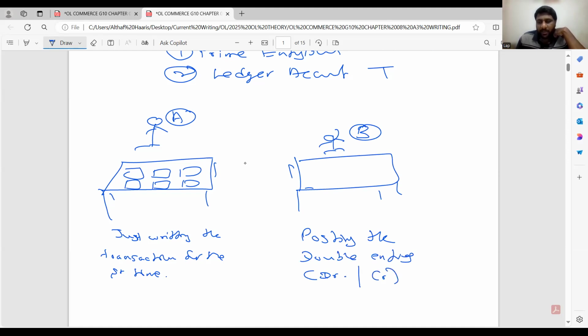Once A is done writing all the transactions, B will put the debit credit entries. He will take 3 books from here and refer to the other 3 also.